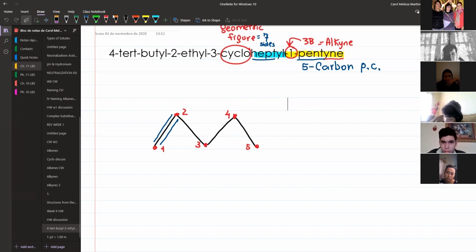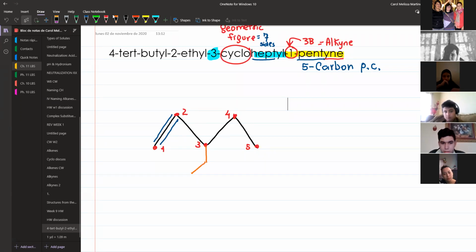So I'm going to put it in the position 3 that is indicated over there. I look for my carbon 3, which is there, and I will locate the cycloheptane, a geometric figure of 7 sides. I begin with my bond. From the bond, I will draw the cycloheptane.